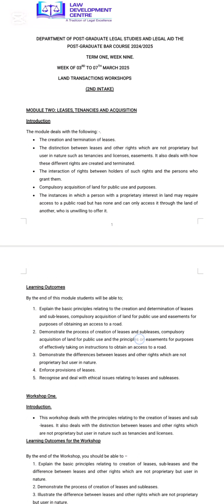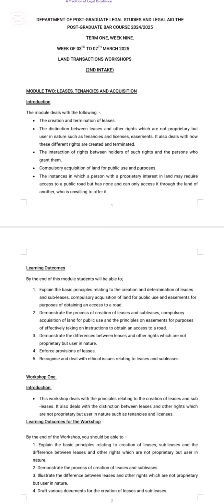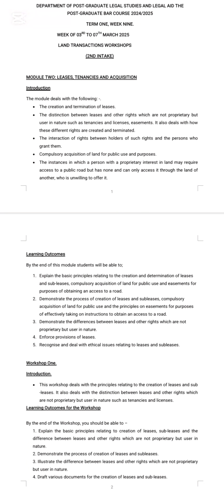So you have to understand that a lease is a creature of statute, and it can be for a given period of time, but it's governed by contract. The module draws a distinction between leases and other rights which are not proprietary but user in nature, such as tenancies, licenses, and easements. It also deals with how these different rights are created and terminated.